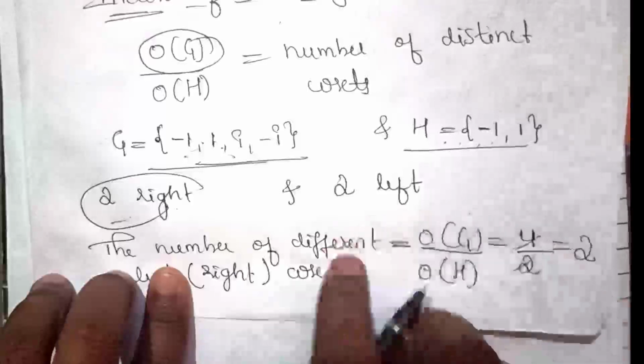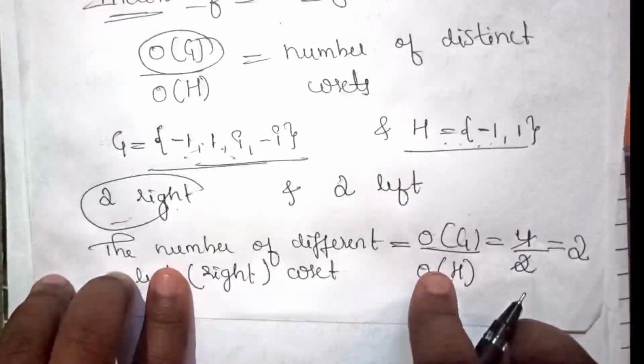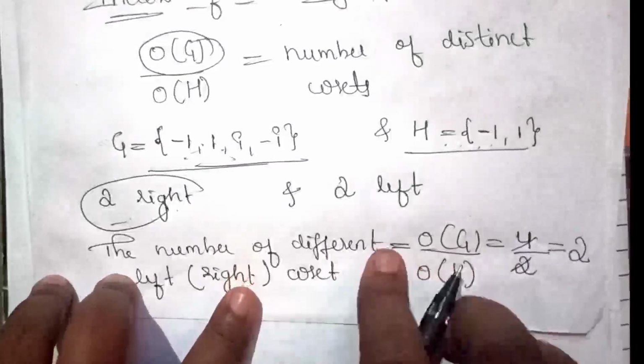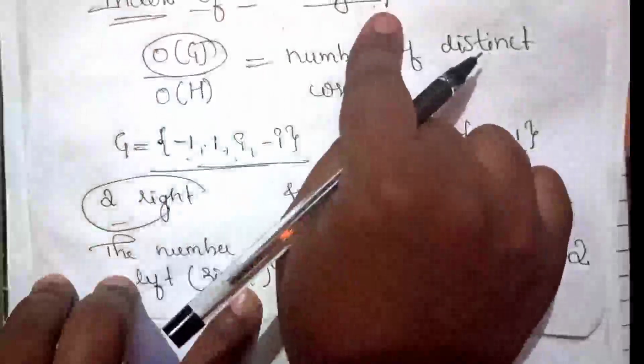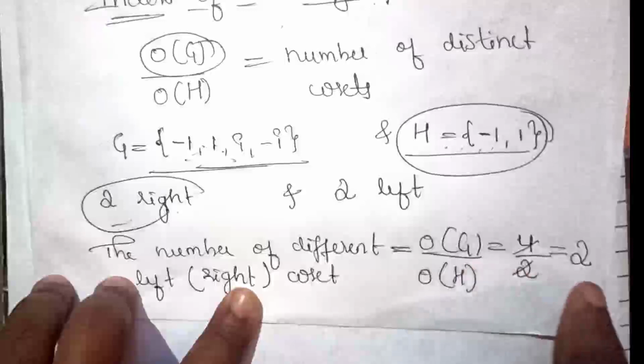We can easily find the number of distinct right or left cosets by using this formula, and this is called the index of the subgroup. Therefore, the index of this subgroup is equal to 2.